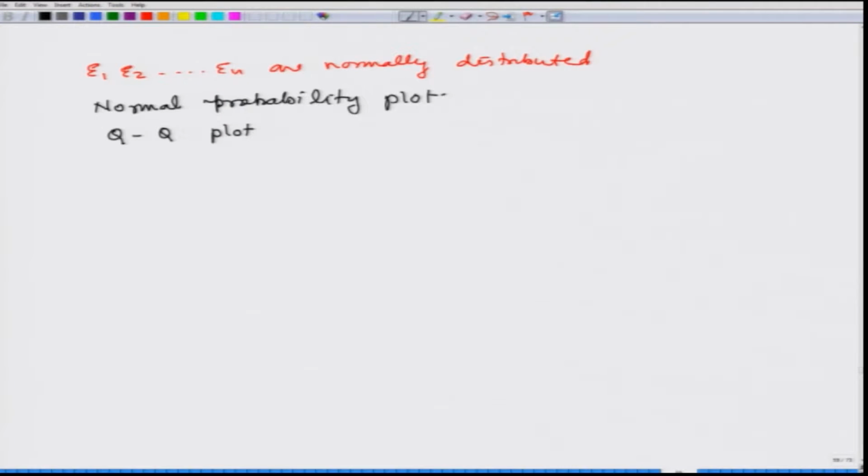In this case, what we do is the following. In the first step, we fit a model and obtain the residuals.